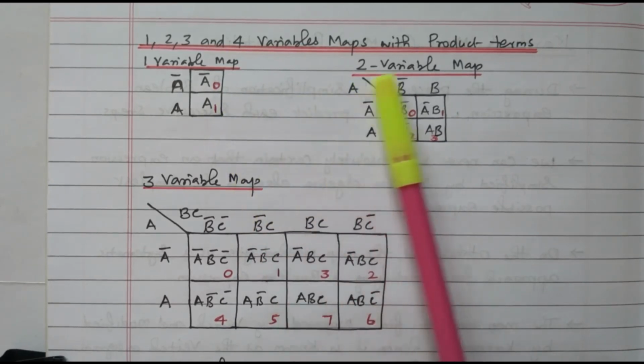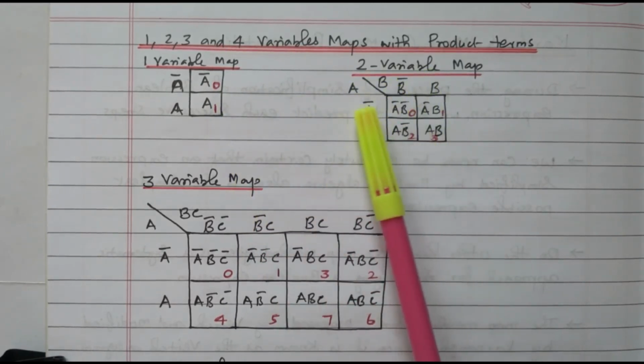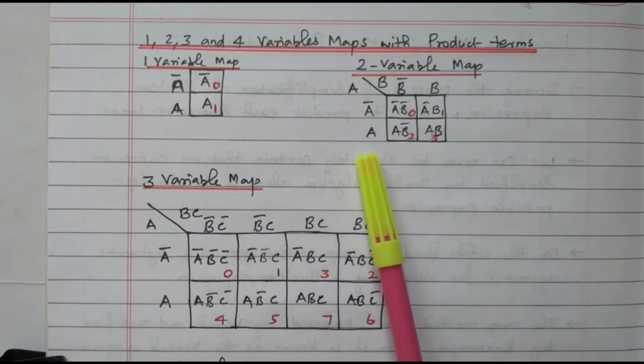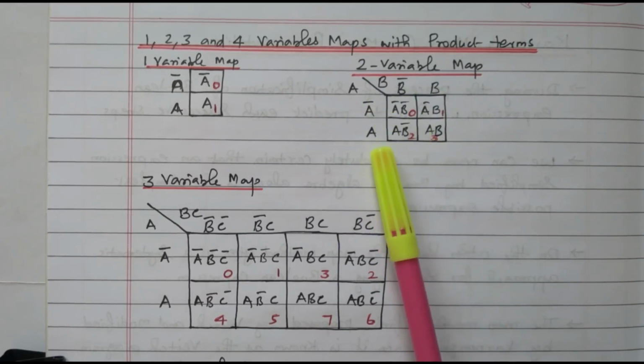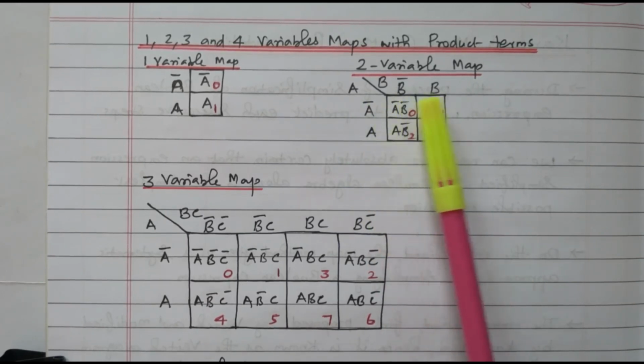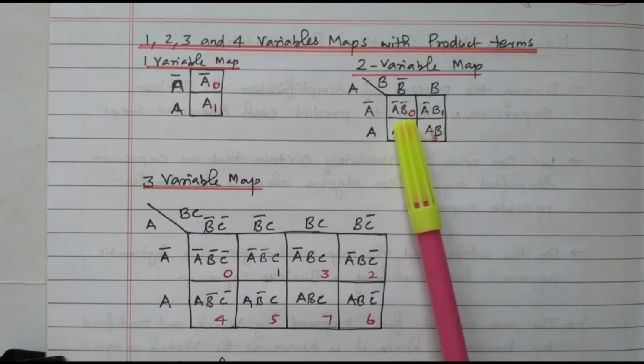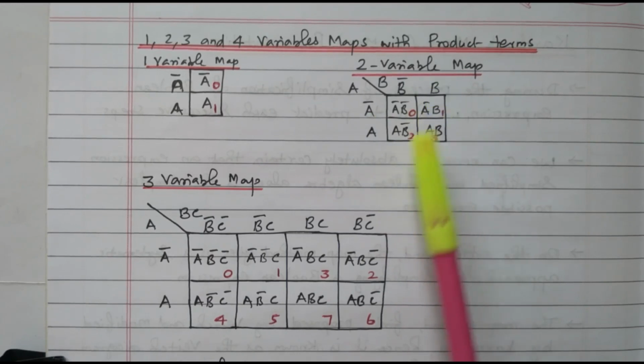While going with the 2 variable map, let us consider 2 variables A, B. Vertically we represented A, horizontally we represented B. So A has 2 options, A bar and A, and B has 2 options, B bar and B. Then what is the first cell? A bar, B bar. The second one is A bar, B. The third one is A, B bar. The fourth one is A, B. Right?